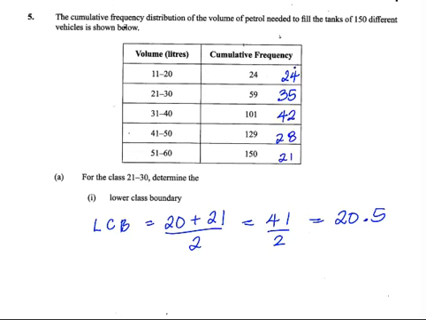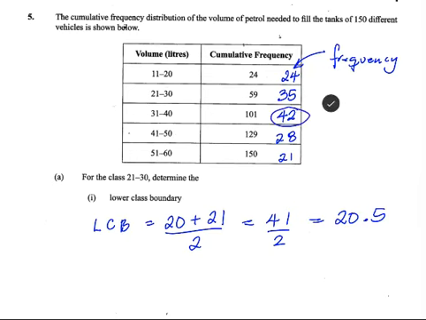So this is the frequency, and the frequency is the number of different cars. The question is asking how many vehicles were recorded in the class 31 to 40, and the answer for that is 42.